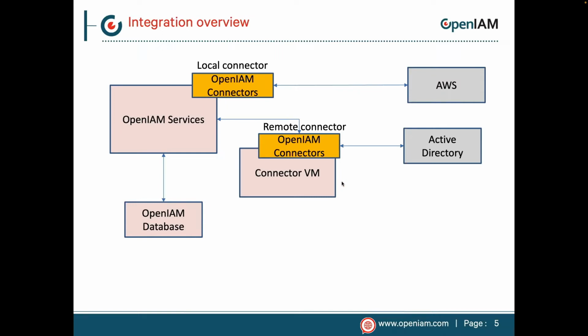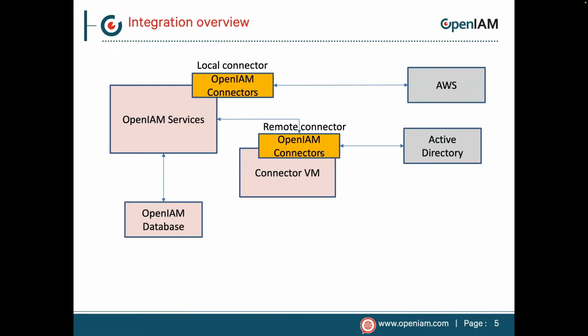What we do there is have a connector VM, maybe one for Windows, one for Linux, deployed on-prem, and we have secure communication between the OpenIAM host in the cloud and this on-prem VM, and all of your connectors can be deployed on there. As long as they're able to talk to each other through RabbitMQ, the communication will work, right? This gives us a huge amount of flexibility in how we can adapt to various deployment architectures. Okay.